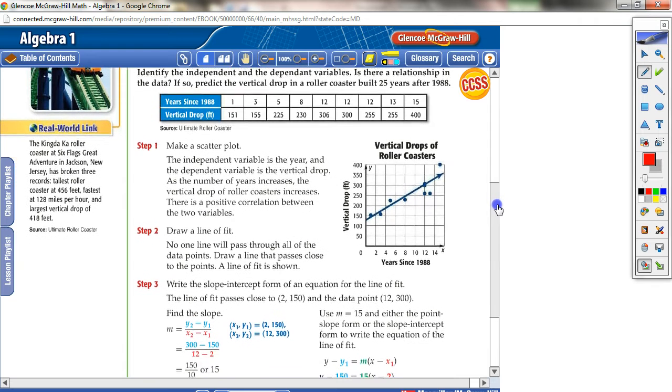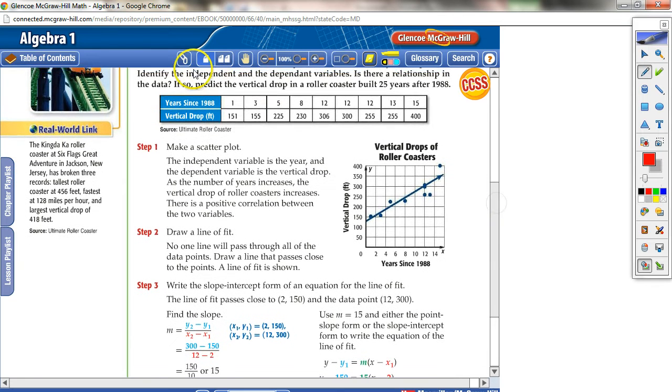So here's your data. Okay, so years since 1988, and vertical drop in feet. So the independent variable is the year, because that does not change. Depending on the year, the vertical drop changes. So the vertical drop is the dependent variable.